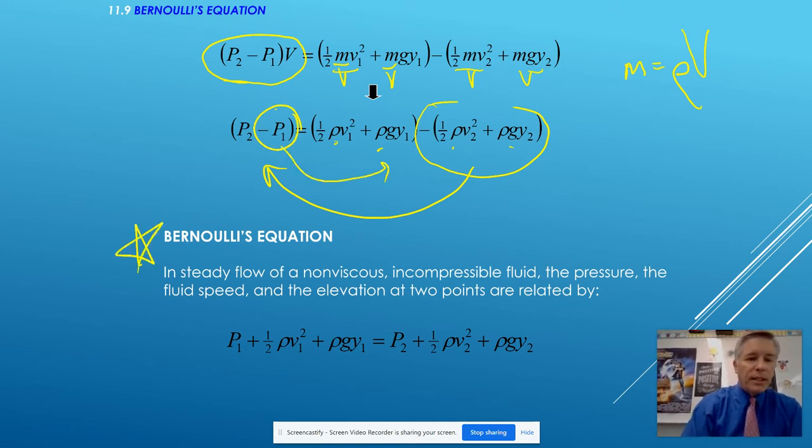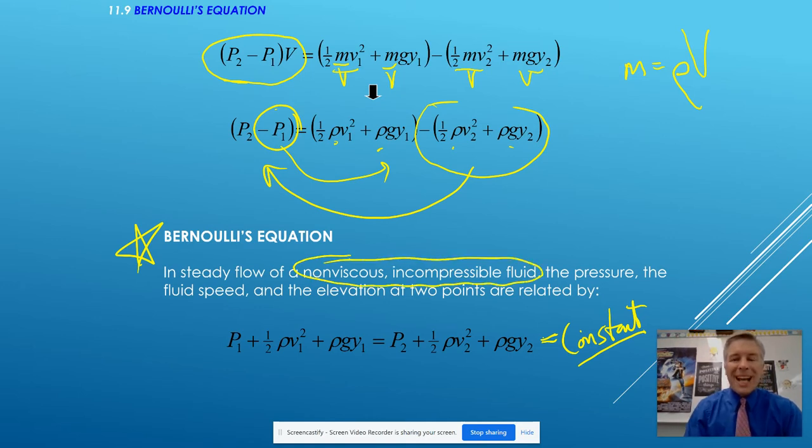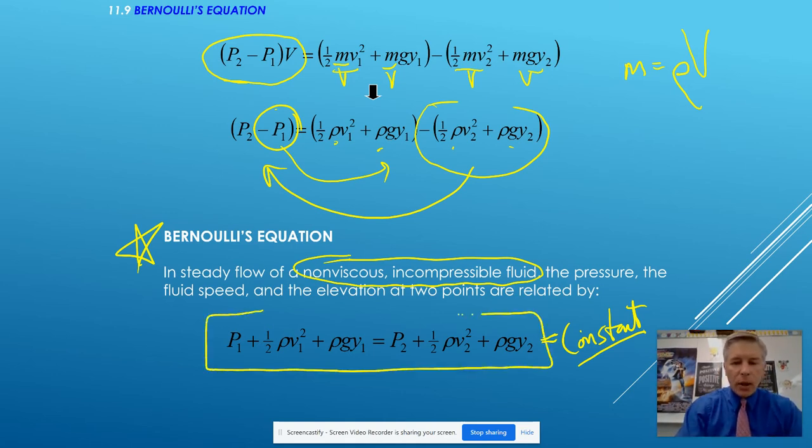So in essence, Bernoulli's equation says you have three different things that have to stay constant: the pressure of the fluid plus the kinetic energy per unit volume of the fluid plus the potential energy per unit volume of the fluid stays constant. So this is a constant value. It doesn't matter what's happening to that fluid. This is only going to work for non-viscous, incompressible fluids, ideal fluids. If they compress or have friction, we don't worry about it. But for us, this is the way we're going to write it.